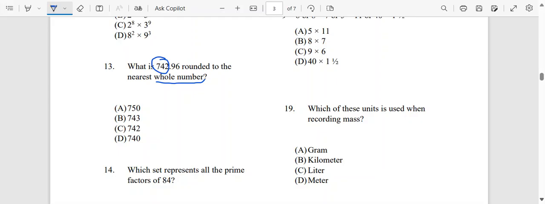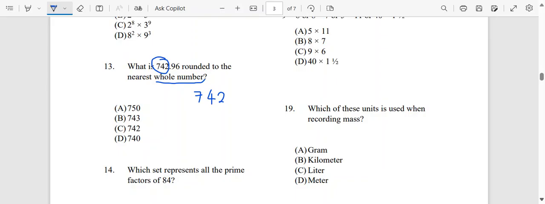But the rule still applies, because when you have 742, right? Remember, the digit that comes after is greater than 4, right? And so the rule says that when our digit is greater than 4, we are to round up, right? And how do we round up?